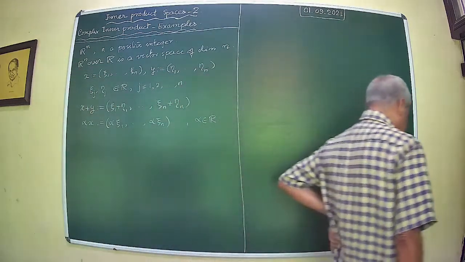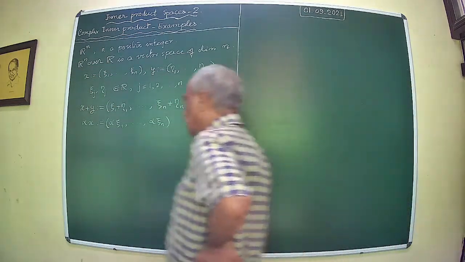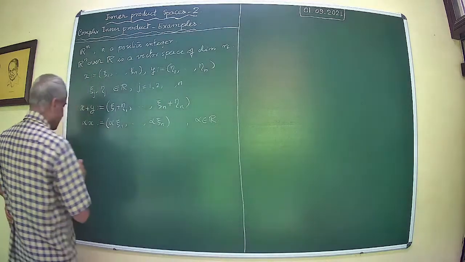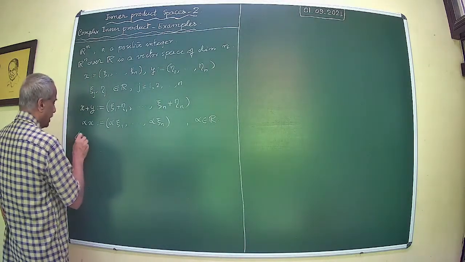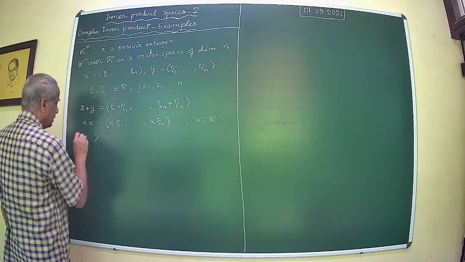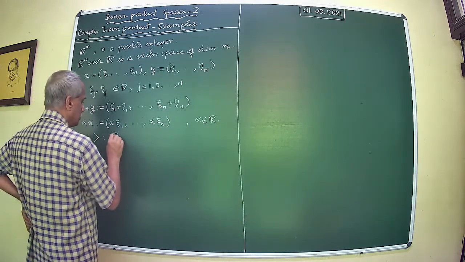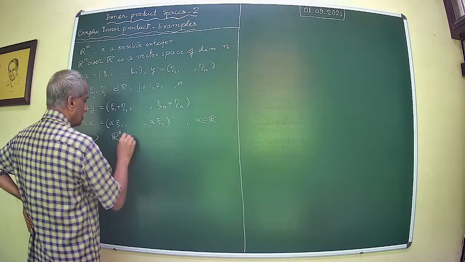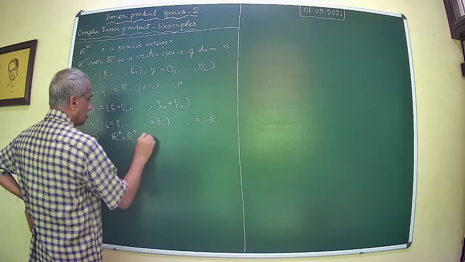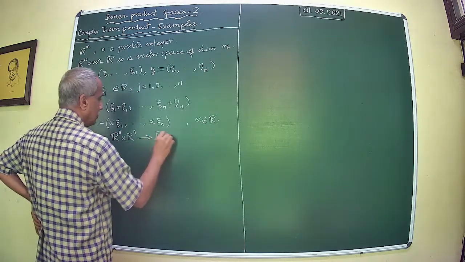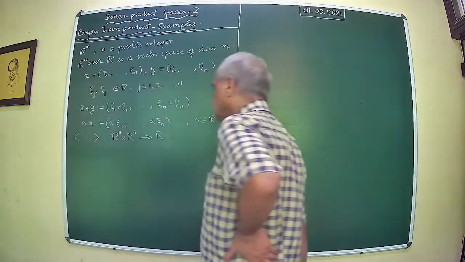inner product on this space. So the inner product, we have already used this notation. The inner product is a map from, with a certain set of properties.